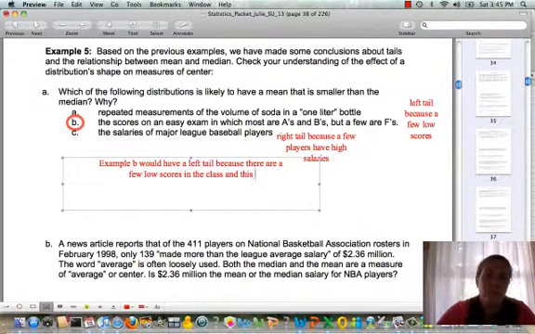And this would result in a smaller mean.